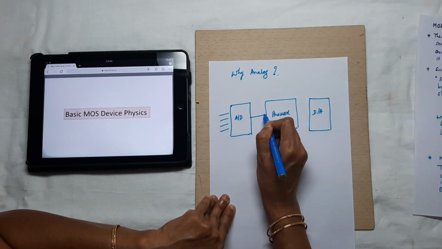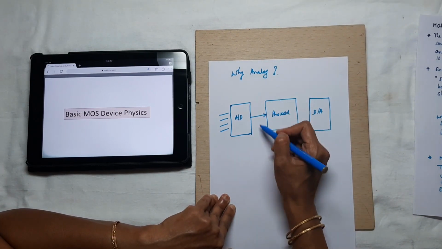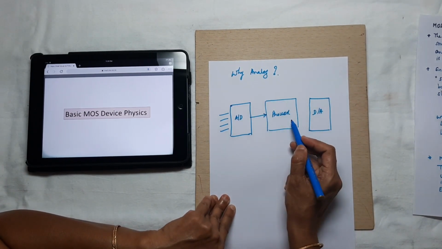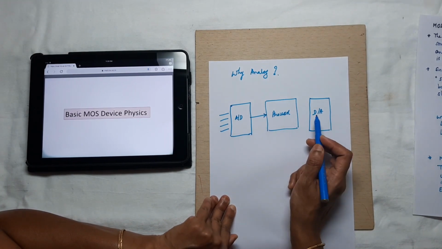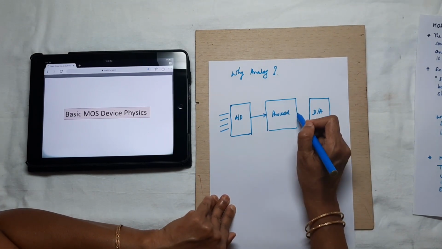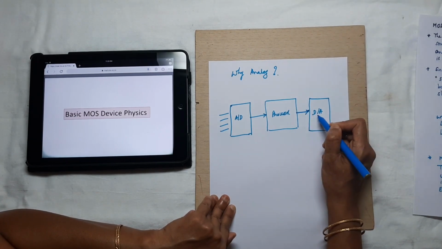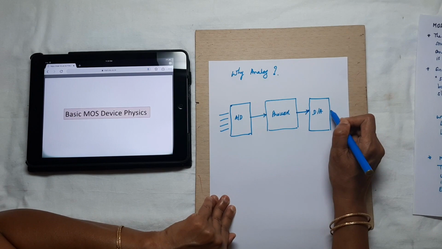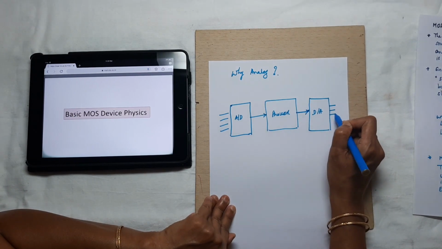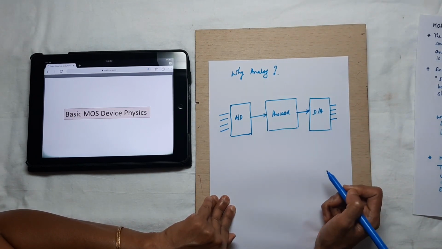This digital signal is fed to the processor, and the entire processing is done there. We cannot send the digital signal to the outside world. So again, the processor's digital output is given to the digital to analog converter, and finally we have the analog signal at the output.